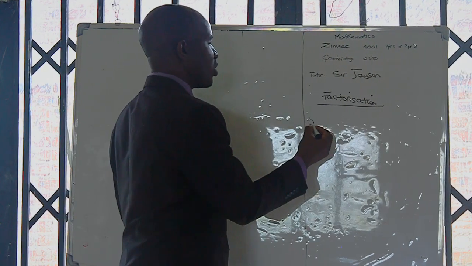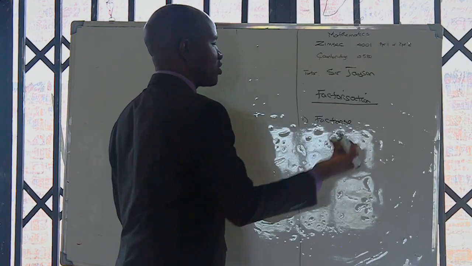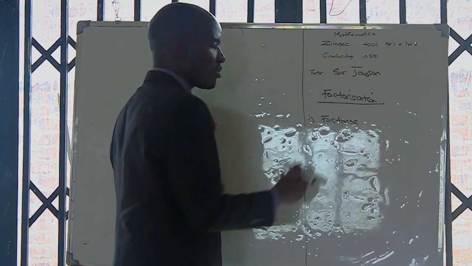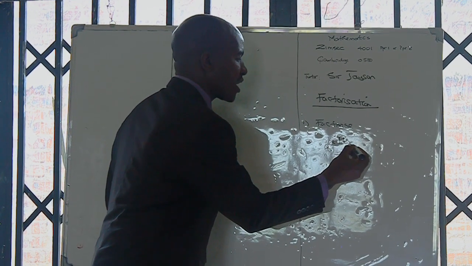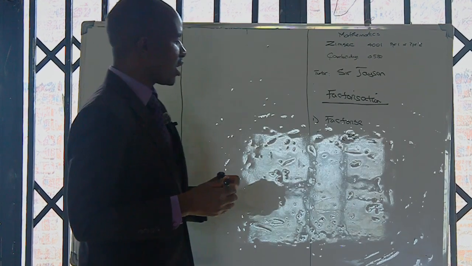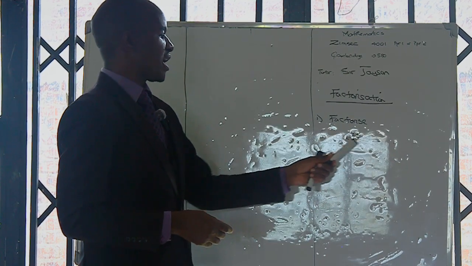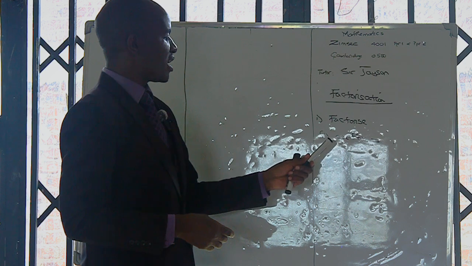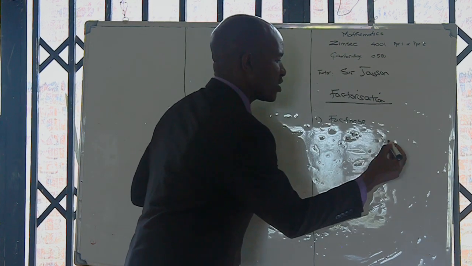In these questions, both ZIMSEC and Cambridge, we meet questions like factorize. We are going to answer them right away. Factorize ax plus bx. For ax plus bx, we look for the common letter on ax and bx, and the common one is x. So we factor out x.